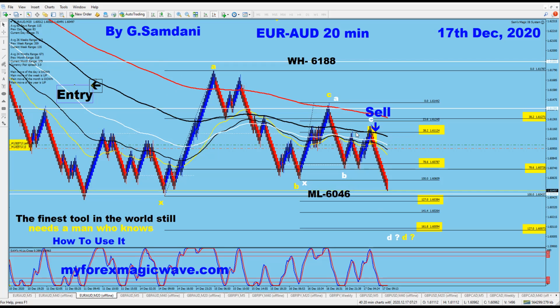Now, 6005, right? Notice that this area here is 6007 and this is 6009. How close is that? Exactly, right? So now you have three things. You have this level, you have this level, and you have a daily range telling you that it should be going there, according to the highest point to the lowest point for the day.